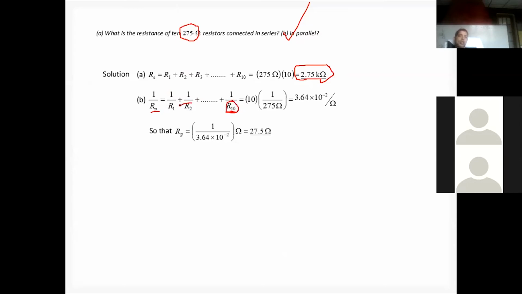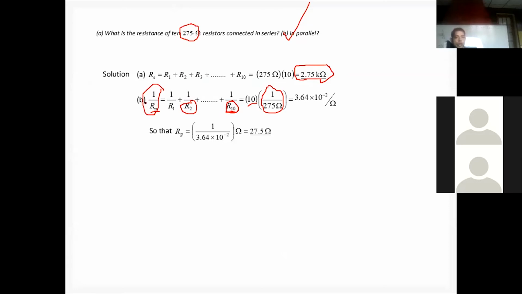So how many 1 over 275 do you have? You have 10 of them, right? That's why you have 10 of 1 over 275. But that is 1 over RP. You have to figure out RP. Then how do you find RP? You just take the reciprocal.